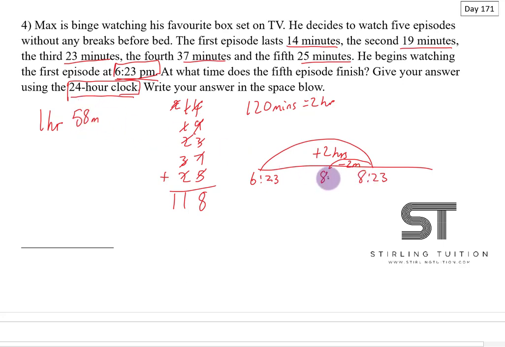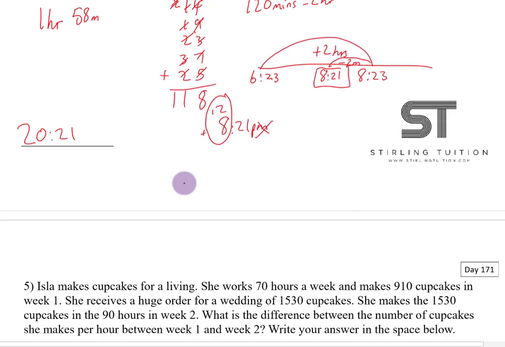So that'll take me to 8:21, and this is in 12-hour clock, so it's 8:21 p.m. but we need it in 24-hour clock, so I'm going to add the 12 hours to the hour section. So this will be 20:21, and remember, you don't need the AM or PM for 24-hour clock.